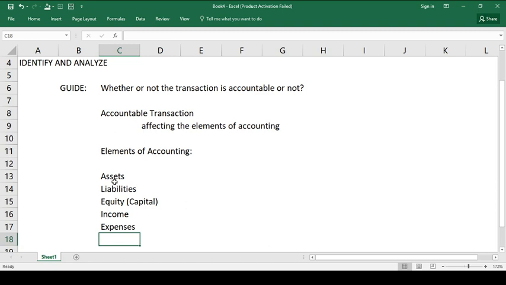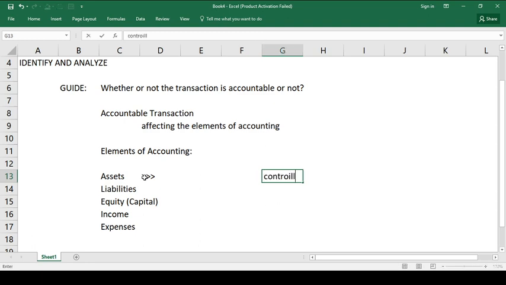Okay? If it is an element of accounting, when we can say that the thing we considered as an element of accounting is an asset, a liability, an equity, an income, or an expense. Okay? So we need to define first what is an asset. Okay? What is an asset? Pag sinasabi po nating asset, these are controlled.